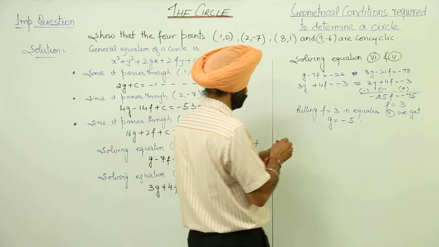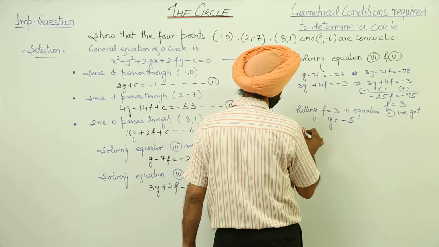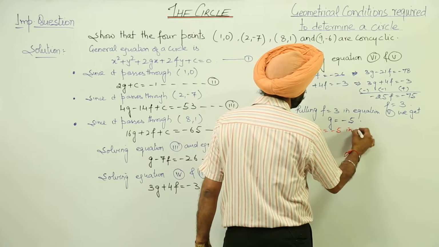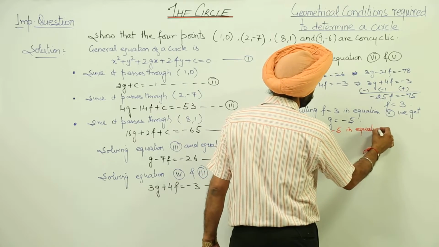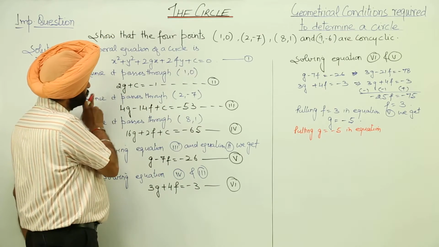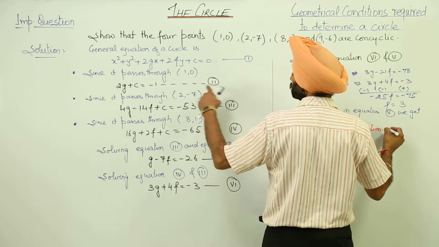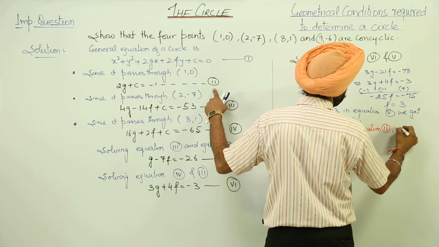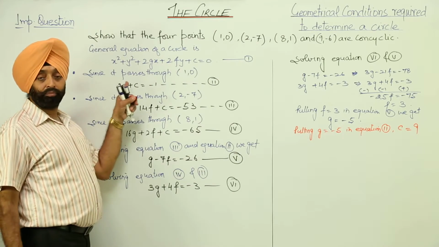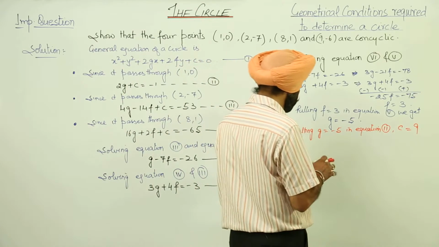Now, putting g is equal to negative of 5 in equation 2, we can put g here directly because we are not having f. So we will be getting c is equal to 9. Negative of 10 plus c is equal to negative of 1. So c is 9.